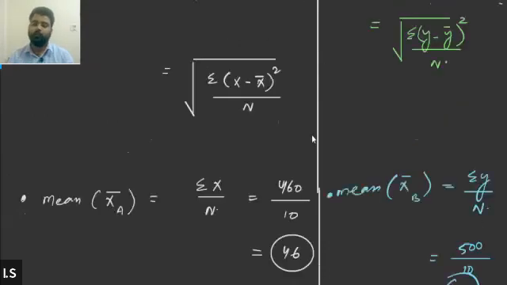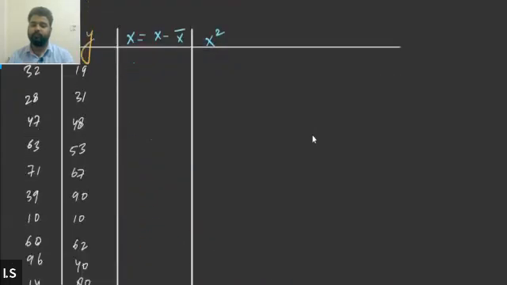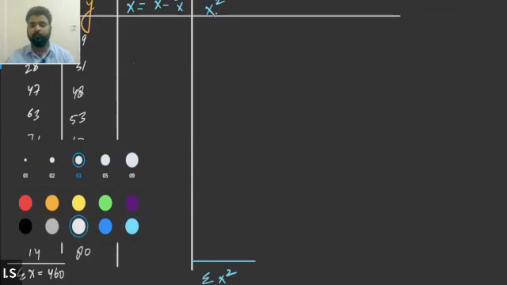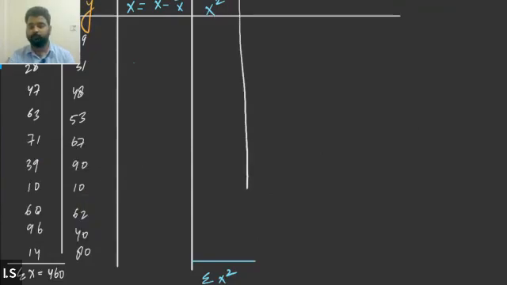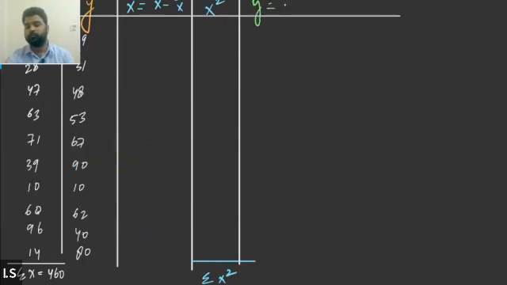Got it? After finding out the mean, now we will find out the deviation of y. So for finding out the deviation of y, we have to make a few more columns. Small y, that is the deviation of y, equals y minus mean of y.